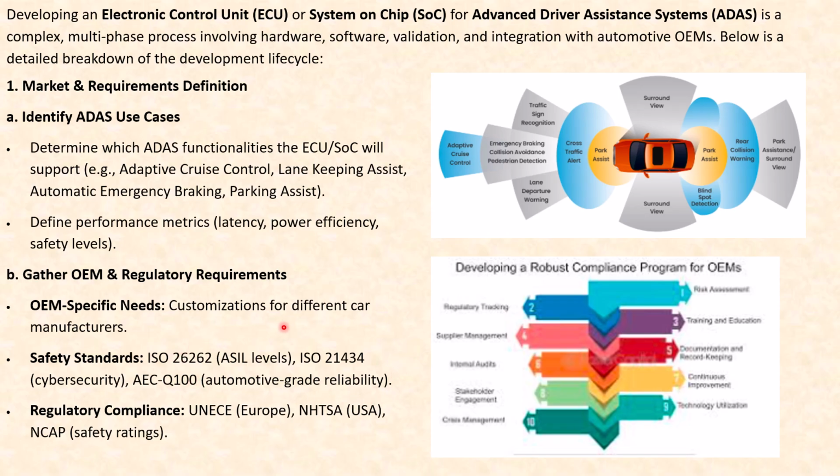ISO 26262 is functional safety, ISO 21434 is cyber security. Both are clearly explained in the concerned chapters. The regulatory compliance: UNECE, NHTSA, NCAP safety ratings. These are the various regulatory compliance requirements that need to be met by the ECU.